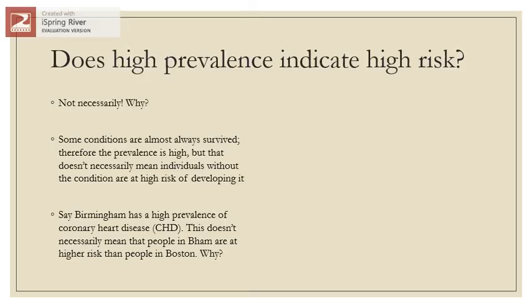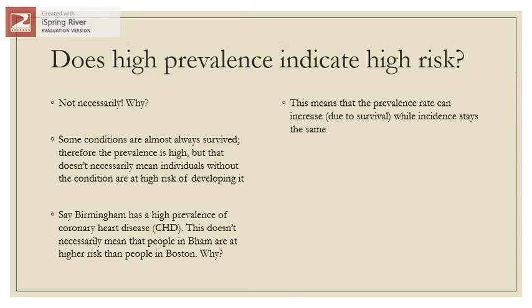Also, another scenario would be maybe Birmingham has better treatment of coronary heart disease, and so people tend to survive this condition, and people in Boston die from it because the treatment isn't good. Both of those scenarios explain why this might be the case. The prevalence rate can increase due to survival.